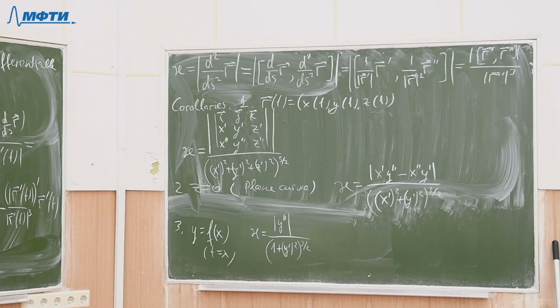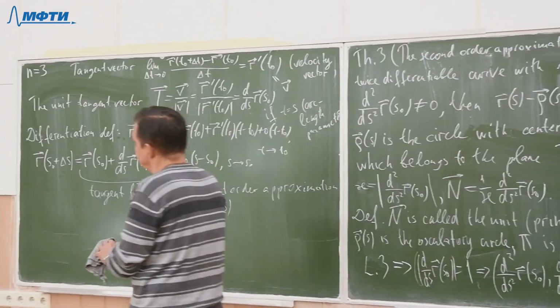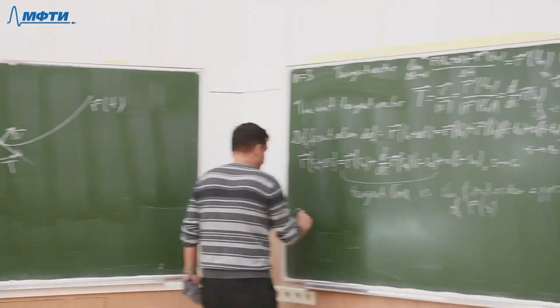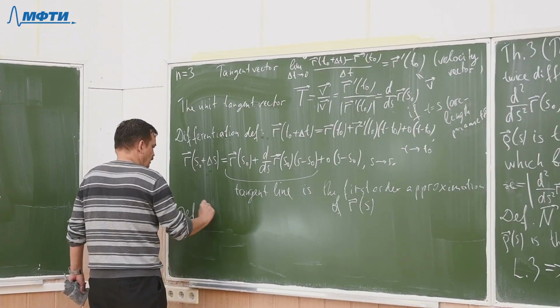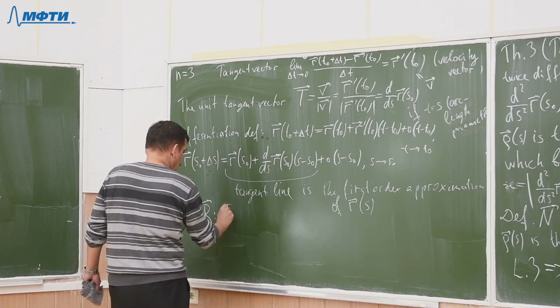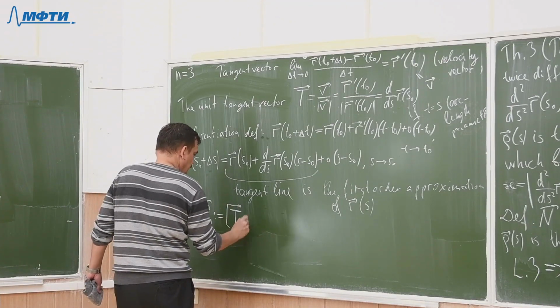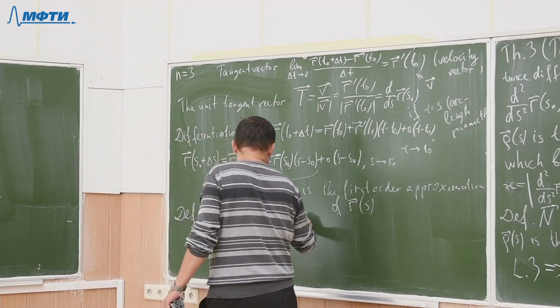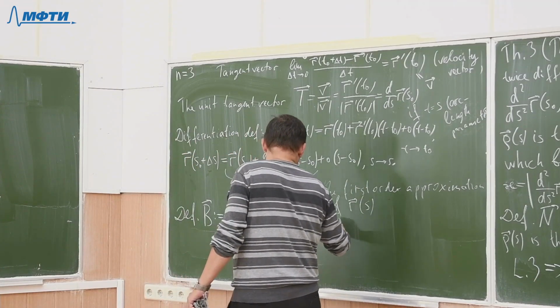Now I can define the next definition. B equals t times n is called a binormal.